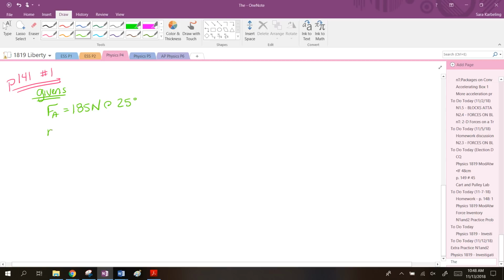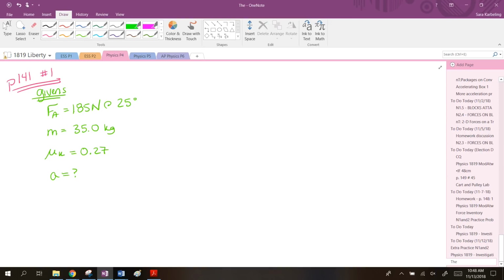The box has a mass of 35 kilograms, okay, and it says the mu sub k, so that's the coefficient of friction, of kinetic friction, between the box and the floor is 0.27. So that's pretty low. It's a pretty smooth surface, it sounds like. The question asks you to find the acceleration of the box. So if it says to find the acceleration, that probably means that this thing is going to be accelerating.